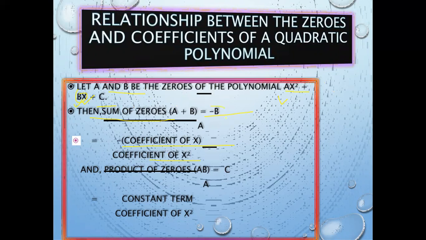So minus b upon a is the answer. Now the product of zeros, alpha into beta, in terms of coefficients is the constant term upon the coefficient of x square, that is c upon a.